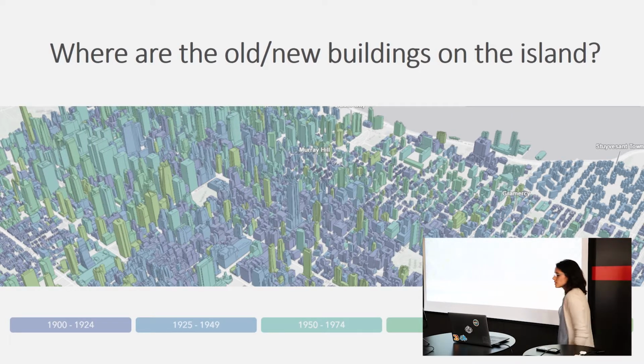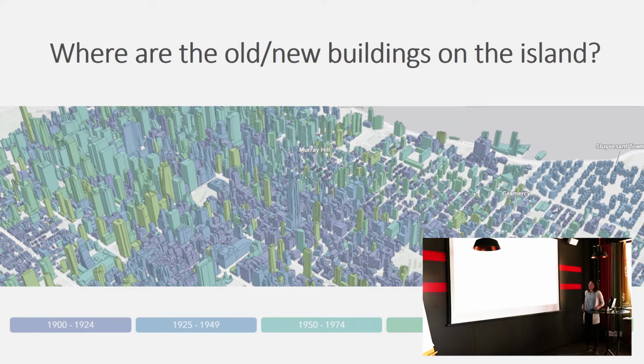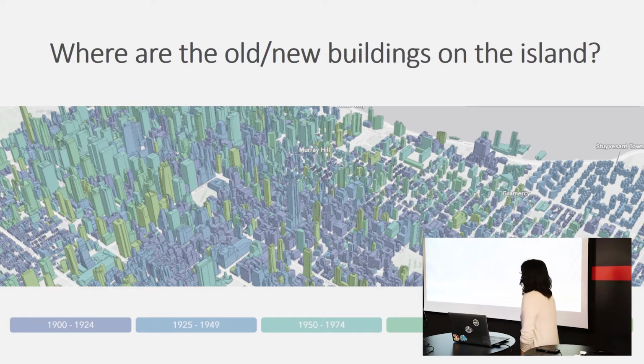My other question was, how can I recognize patterns on the island, like where are the old buildings and where are the new ones? The answer is, of course, color. So I classified my data based on construction year, and I gave a color to each period. And this is how it looks. I think it's pretty good.